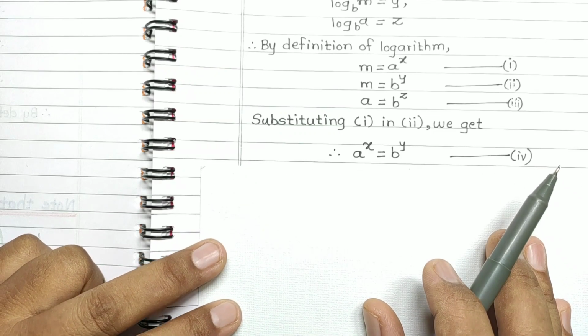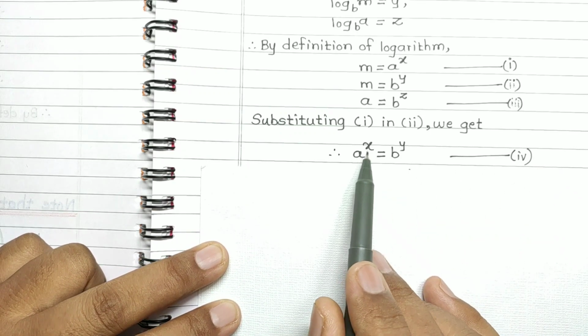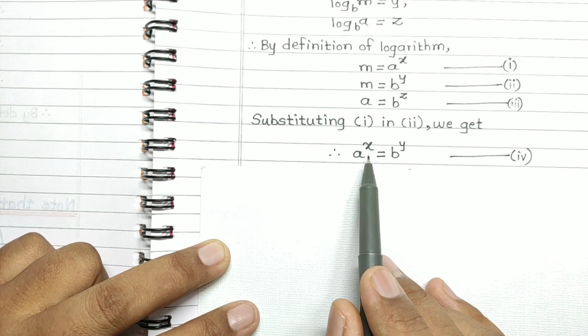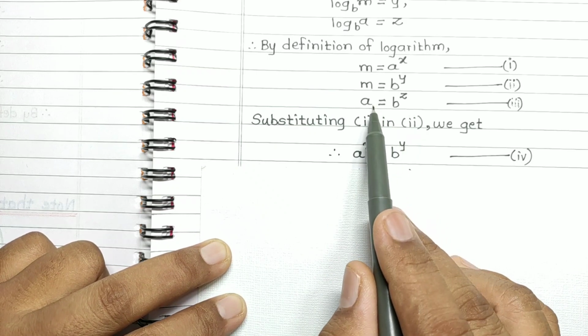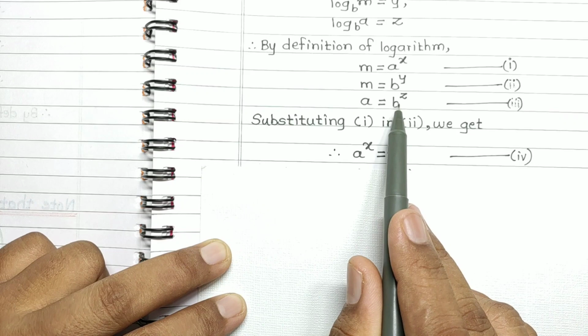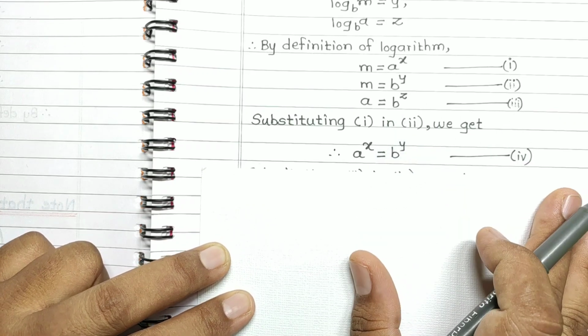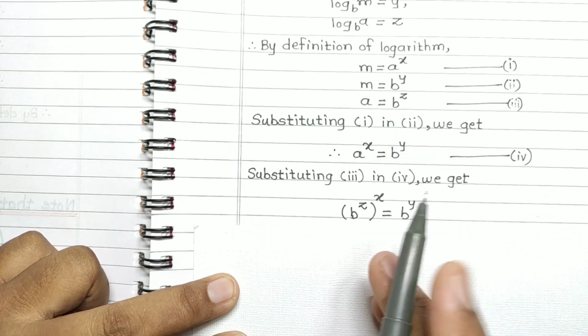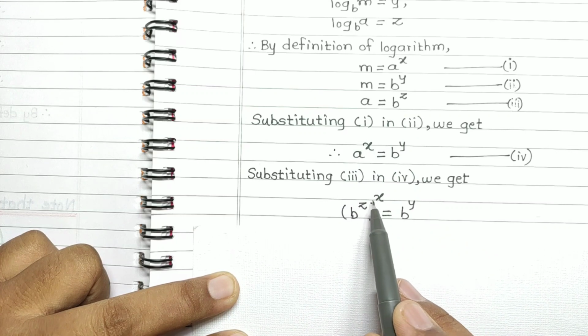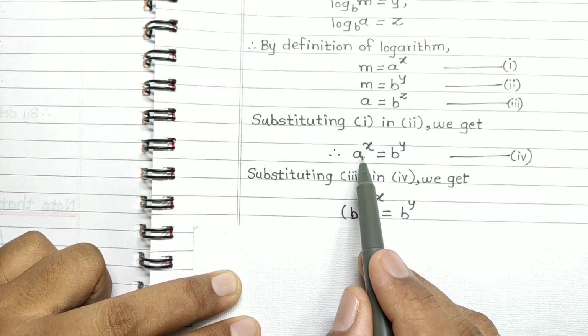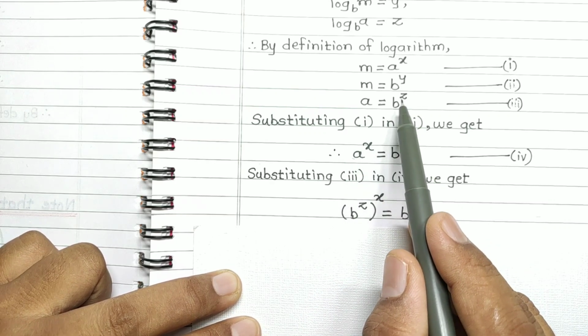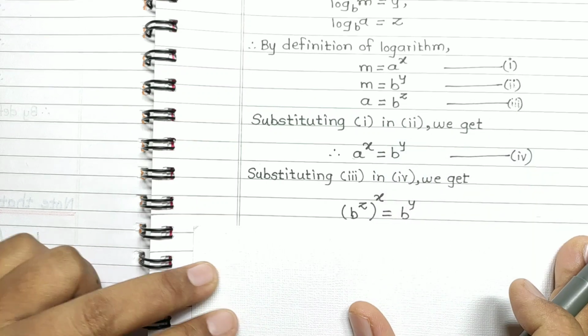Now substituting this a as b raised to z, we get b raised to z, raised to x. That means for this a, we have b raised to z from equation 3.